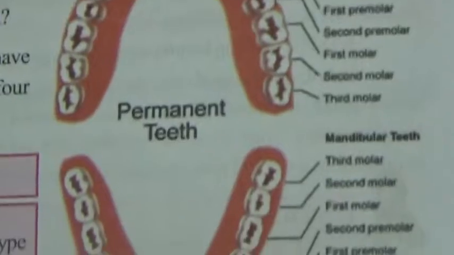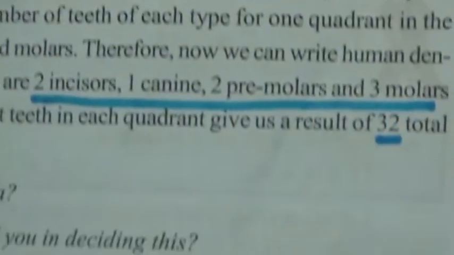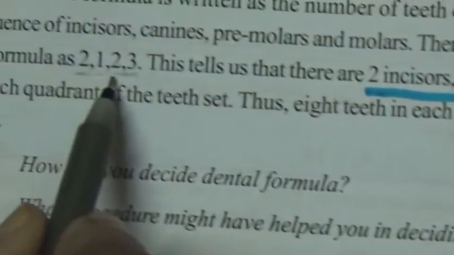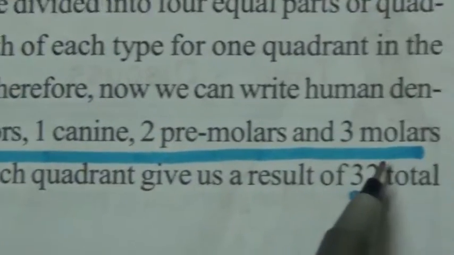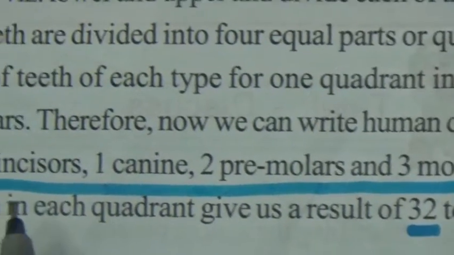I'll explain by using this dental formula, that is 2 1 2 3, that is 2 incisors, 1 canine, 2 premolars and 3 molars. So by using this formula, we have the solution for this do this.